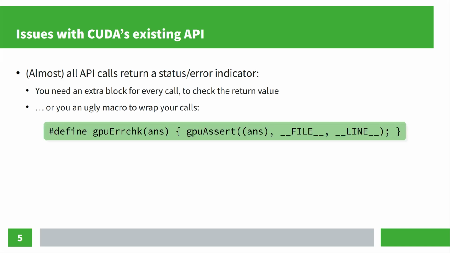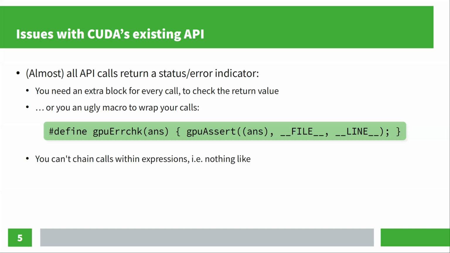So maybe you've seen this kind of code or maybe you've even written it in your own programs or seen it on Stack Overflow or places like that. So this is a macro that calls a check for the return value, and if it fails, then it writes an error message, and that lets you wrap calls and make sure that they return correctly.